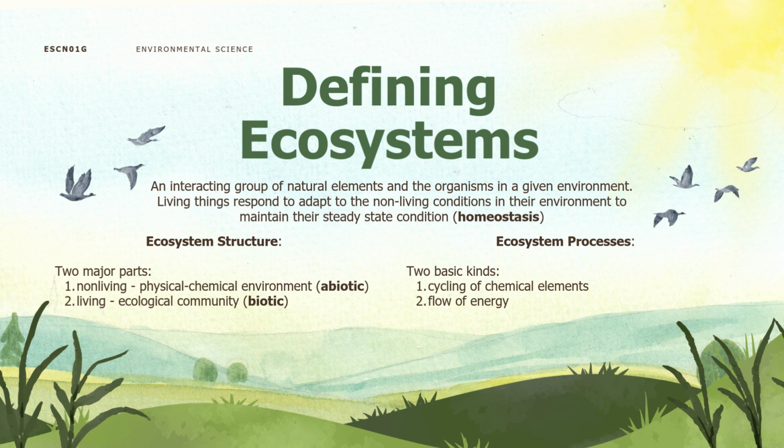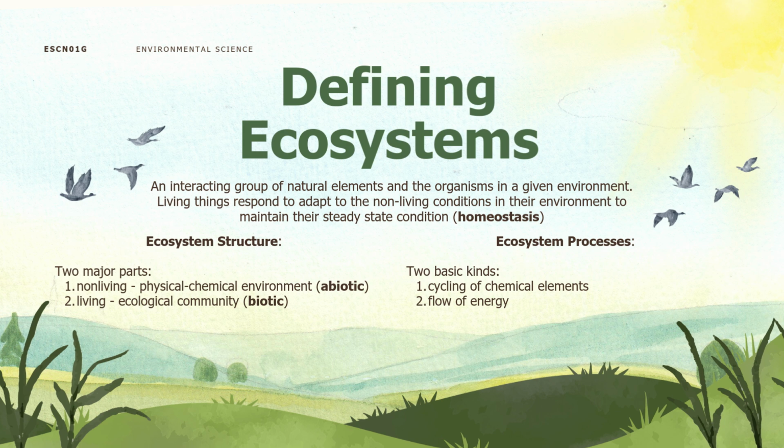If we are to talk about the different processes that happen in an ecosystem, we have two basic kinds. The first one is the cycling of chemical elements, and the second one is the flow of energy. So we can technically say that the ecosystem structure and the processes go hand in hand. The cycling of chemical elements through the biogeochemical cycles happens through these biotic and abiotic components, and that goes the same way for the flow of energy.